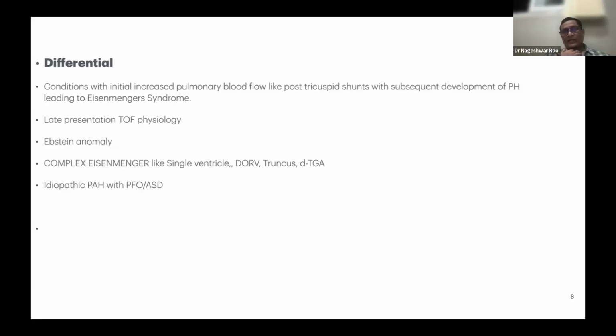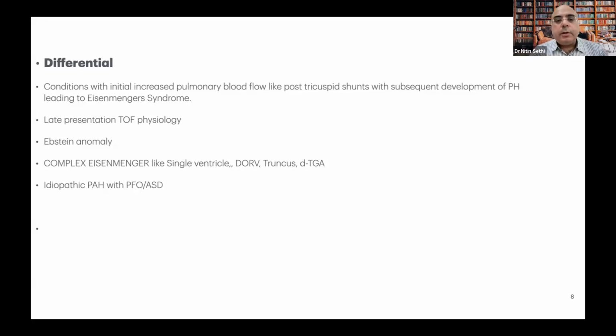What about the natural history of the complex Eisenmengers? What you said, single ventricle, DORV, truncus, how will the natural history be in those conditions? Can you please tell us? Yes. So these complex conditions will usually present as heart failure at a very early age, because they also have increased Qp physiologies.